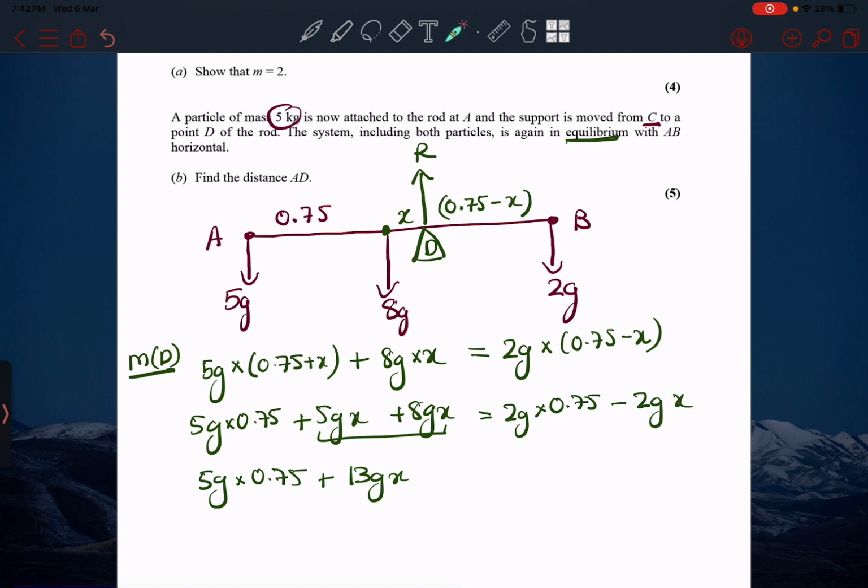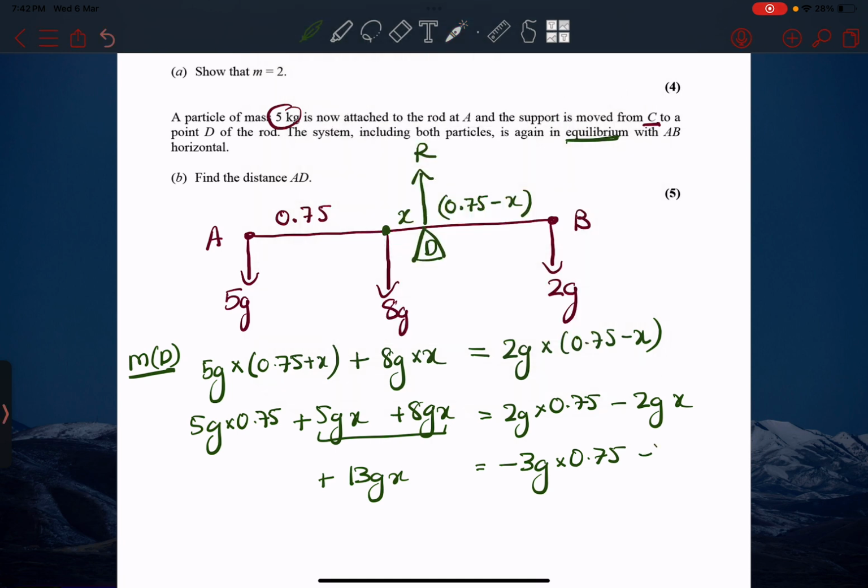So 5g times 0.75 minus 2g times 0.75 becomes 3g times 0.75, and then the minus 2gx.